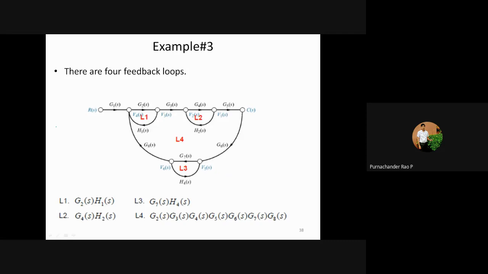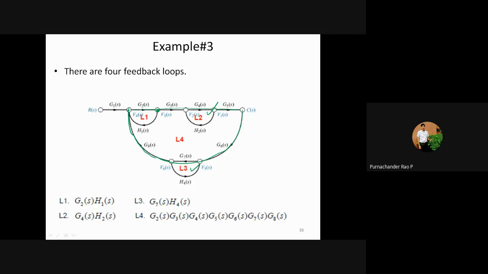So loop L1 is this one, this point to this point, and next L2. This is a loop L2. This is a loop L3, and this one is loop L4. This one completes the loop L4.